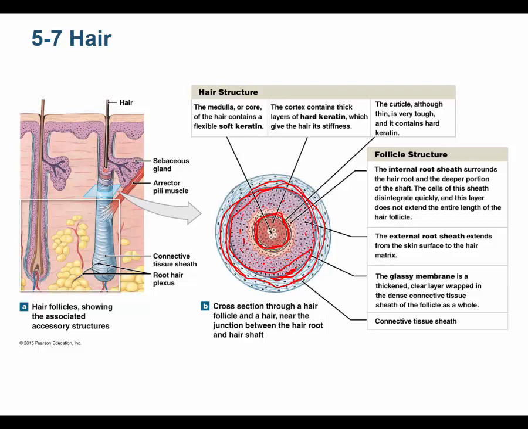So a rhinoceros horn, that's very hard material, is really just keratin. And then right here is a cortex of hard keratin as well. So the cuticle has keratin in it, and the cortex has keratin in it. Now the medulla of the hair has keratin in it, but it's softer keratin. That's the medulla right there.